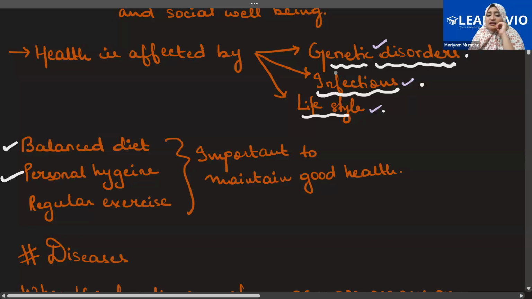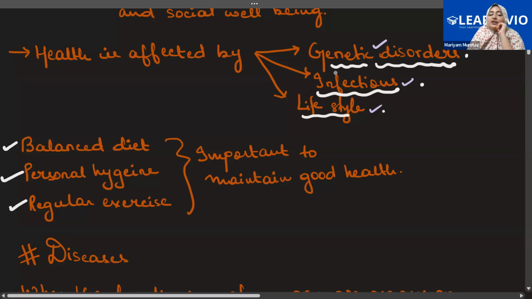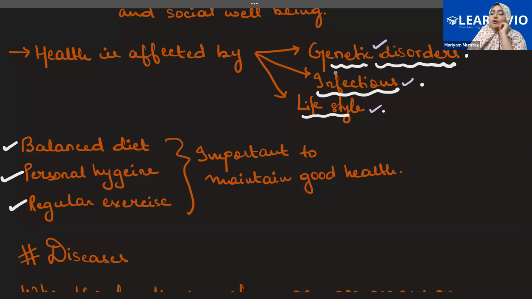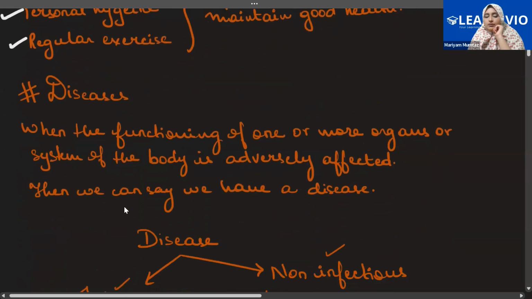Many people get fungal diseases because of a lack of personal hygiene, so cleanliness is very important. And regular exercise, for any motive or just like that, is important to maintain good health. So the health part is clear to you all? Yes, ma'am.